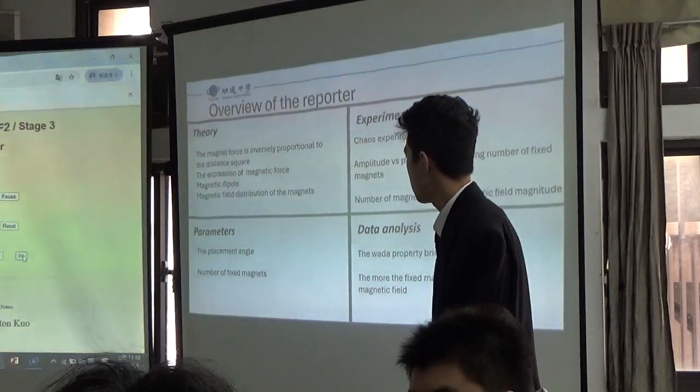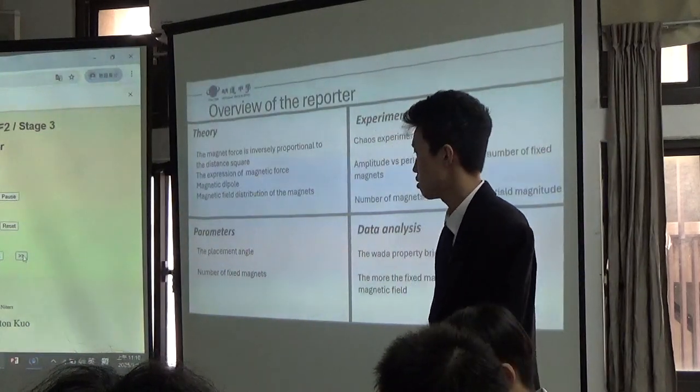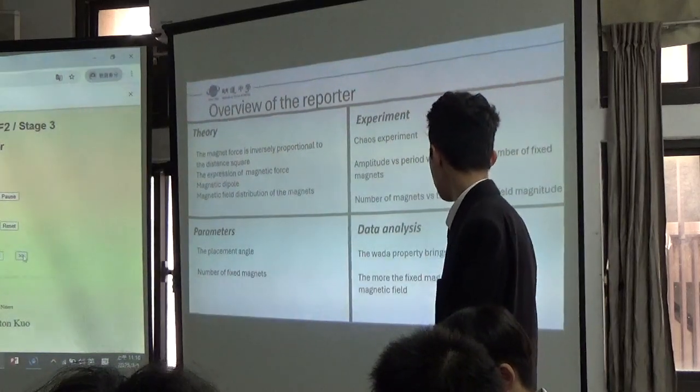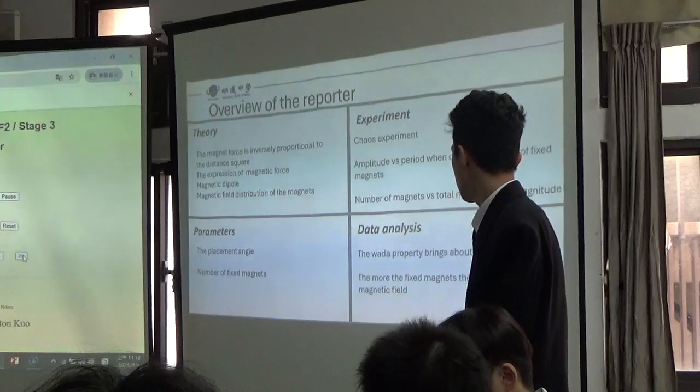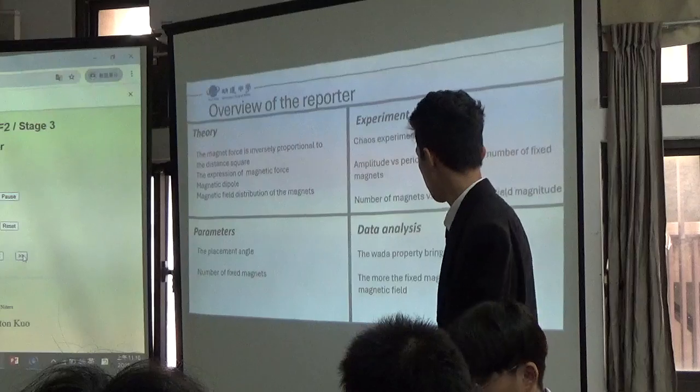The parameters include the placement angle and the number of fixed magnets. Lastly, the data analysis. They show the result that the more fixed magnets, the stronger the magnetic field will be.